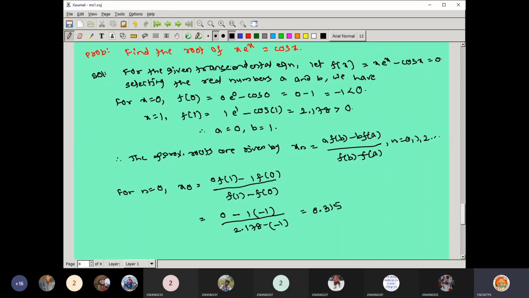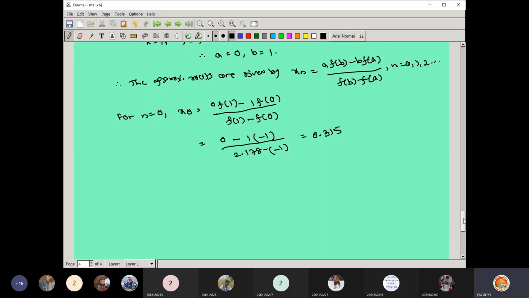Now you go for the next value. That value you are substituting in the function. So consider f of x naught. Your f of x is nothing but x e power x minus cos x. There you are writing x equal to 0.315. So 0.315 into e power 0.315 minus cos of 0.315.